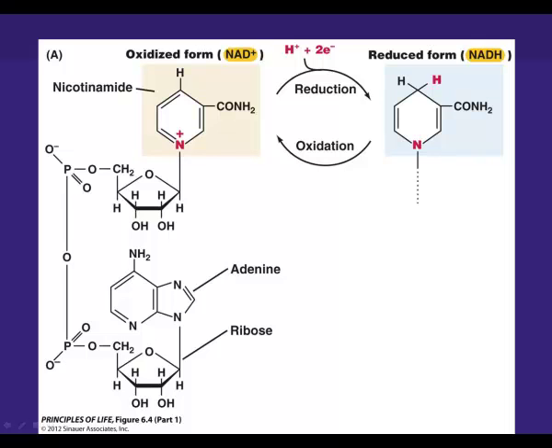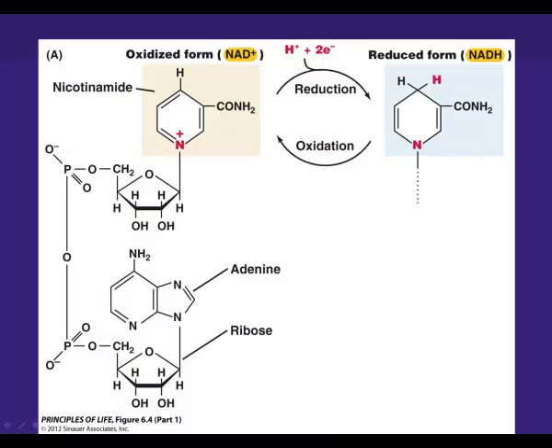If this looks familiar to you, it should. This is very similar to what we discussed with ATP hydrolysis and ATP synthesis, how you have a reversible endergonic and exergonic reaction that can be used to either harvest energy in a reduction reaction and carry it to somewhere else in the cell, and then release that energy in an oxidation reaction.